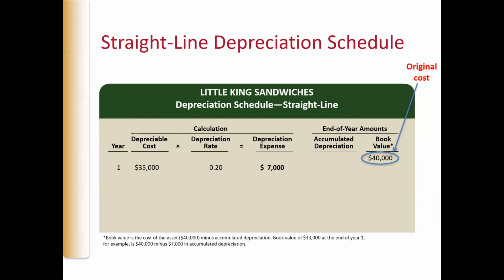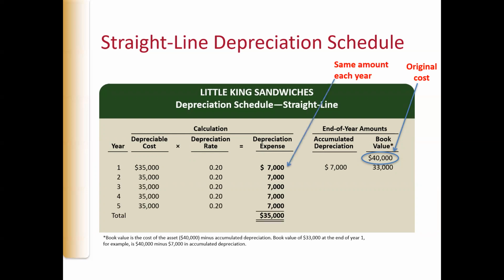So you see here, the first year, we take 7,000, and our book value decreases to 33,000. Second year, the third year, the fourth year, the fifth year, we take 7,000. And at the end of its useful life, we show the residual value. The book value, we won't depreciate it under its residual value.